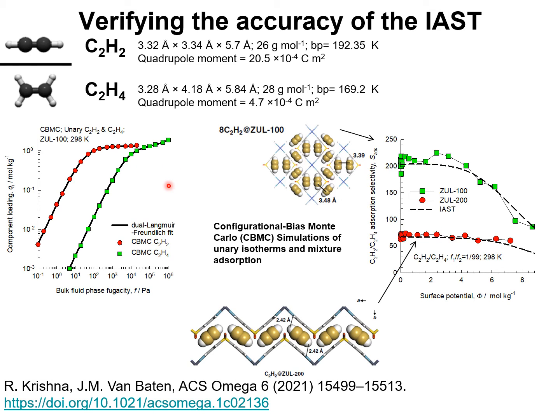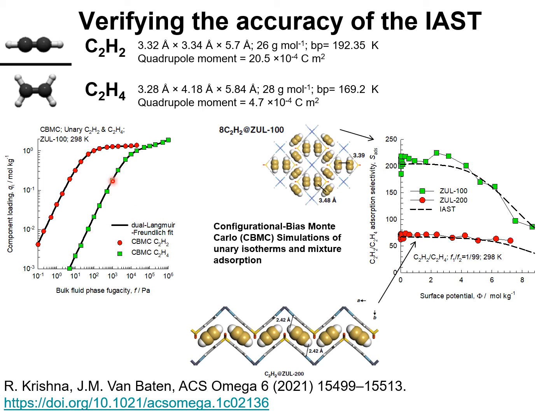Before proceeding with the use of the IAST for the calculation of the various metrics that are used for screening and evaluation purposes, it is important to establish the accuracy and reliability of the IAST. As an example, we show here the unary isotherms for ethyne and ethene in ZUL 100.